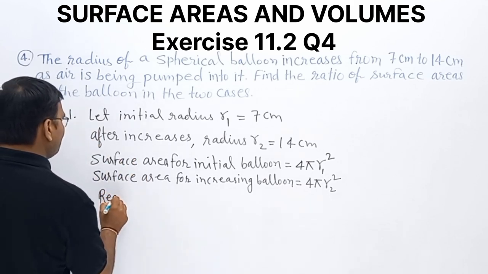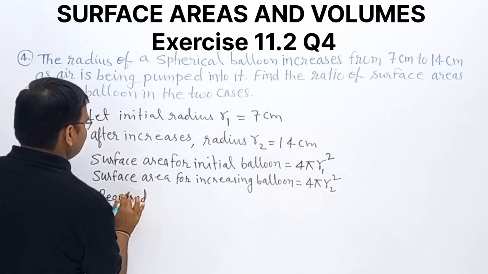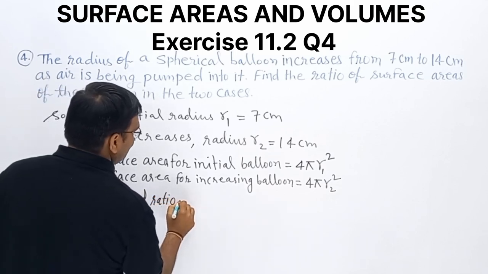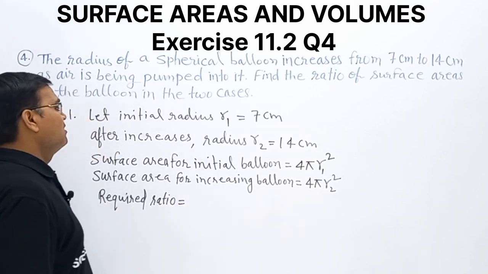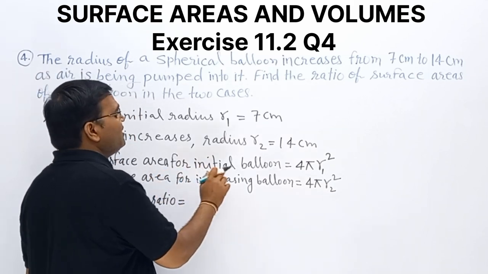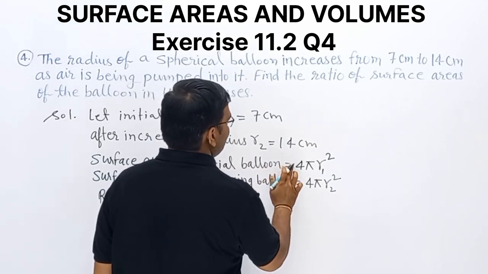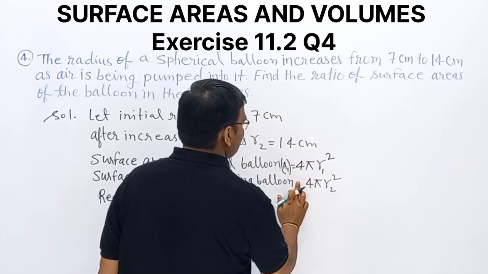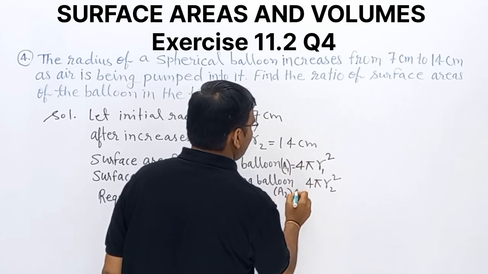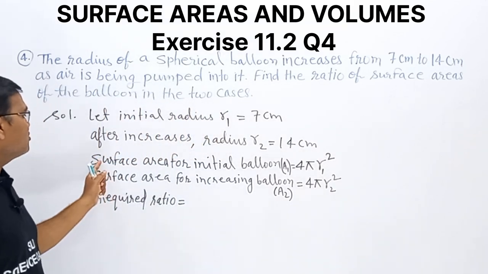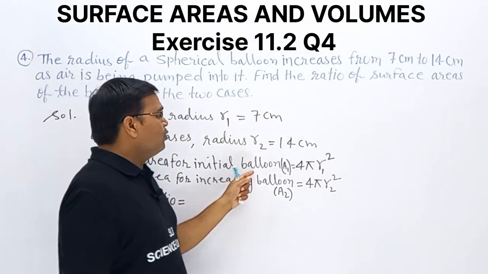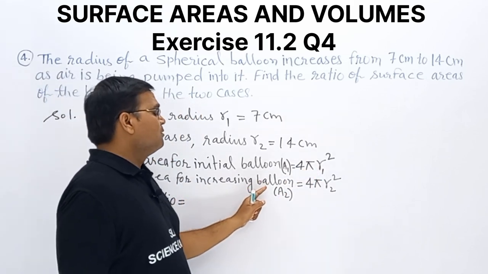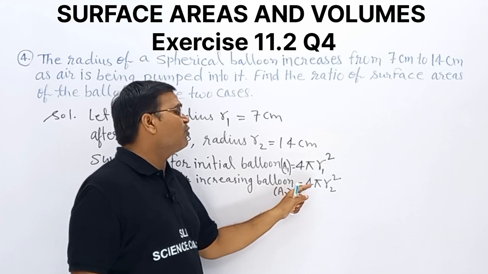So the required ratio equals, I am considering the surface area of the initial balloon as A1 and the surface area of the increased balloon as A2. Observe, A1 is 4 pi r1 square and A2 is 4 pi r2 square.